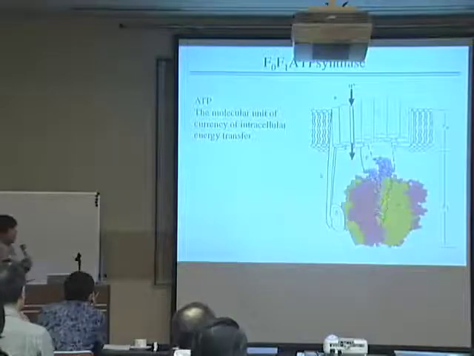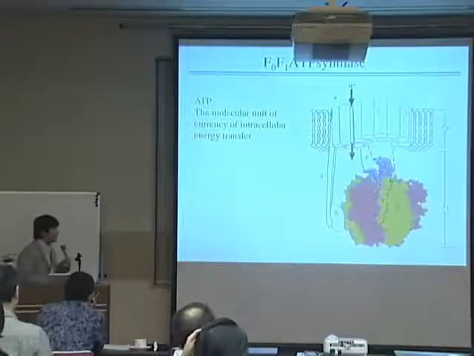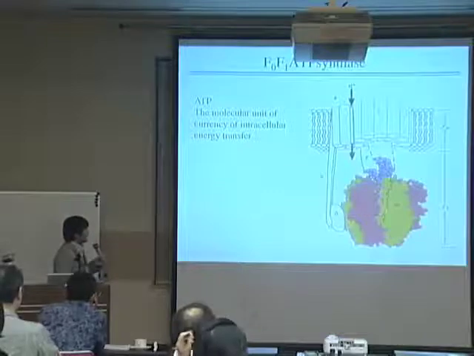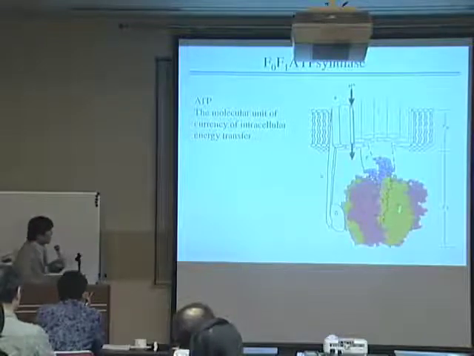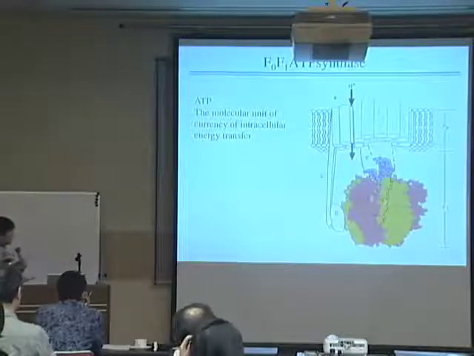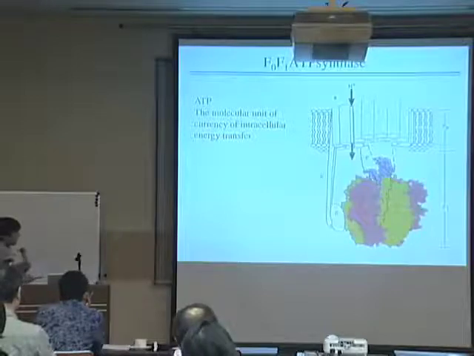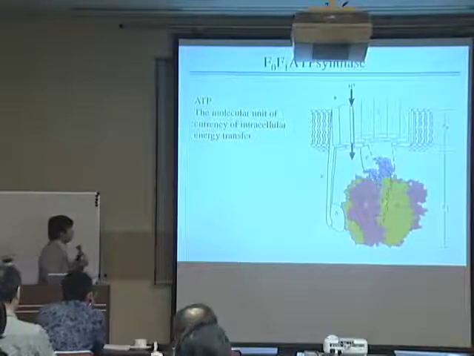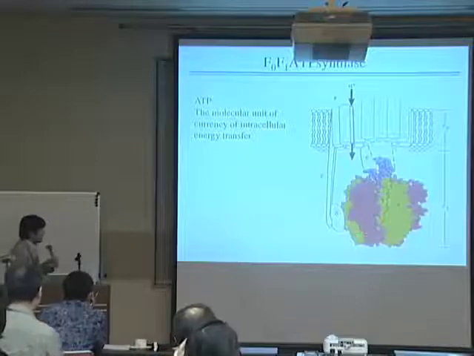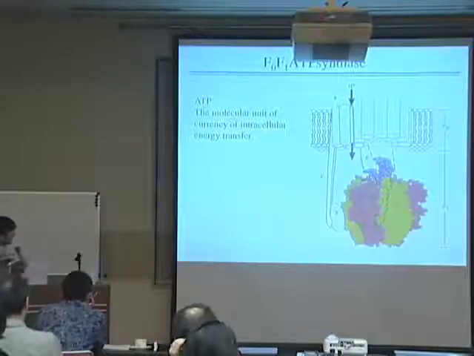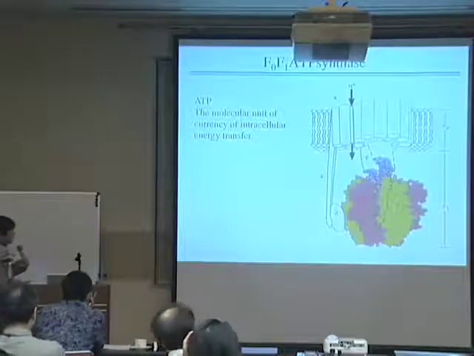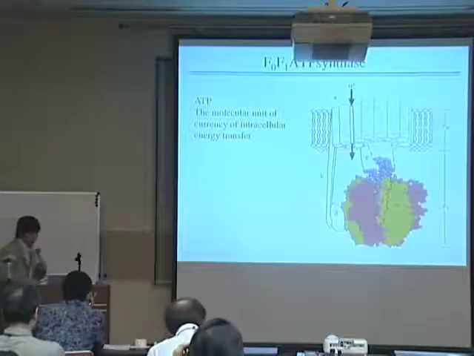They form a hexamer. Here we have the gamma subunit penetrating this hexameric ring structure. And the amazing synthesizing reaction occurs in this molecular machine.